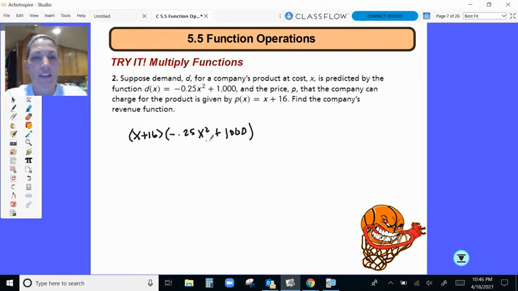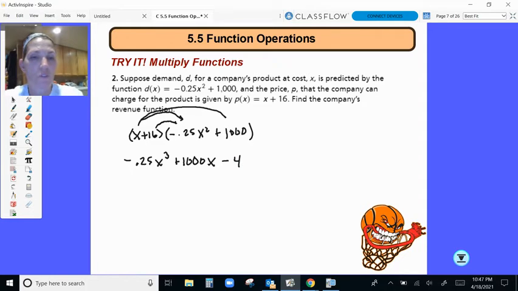Okay, so now I've got kind of a binomial situation here. So I'm going to go X times this guy, so it's going to be negative 0.25 X cubed, and then X times this guy, so plus 1,000X. And then this guy right here, so that's going to be negative 4, so 1/4 of 16, x squared, and then plus 16,000.